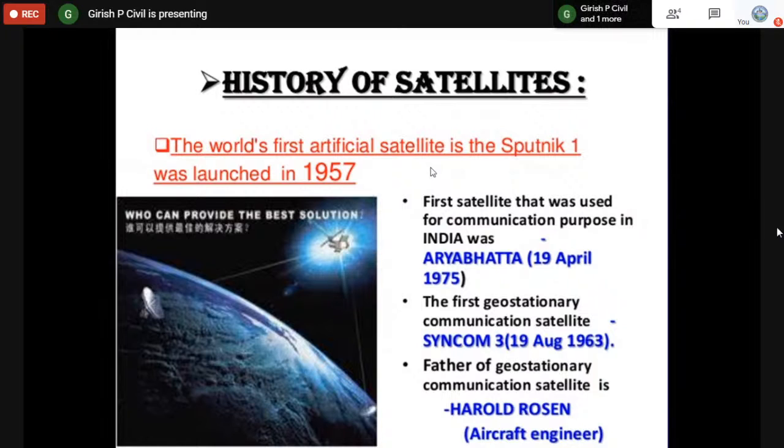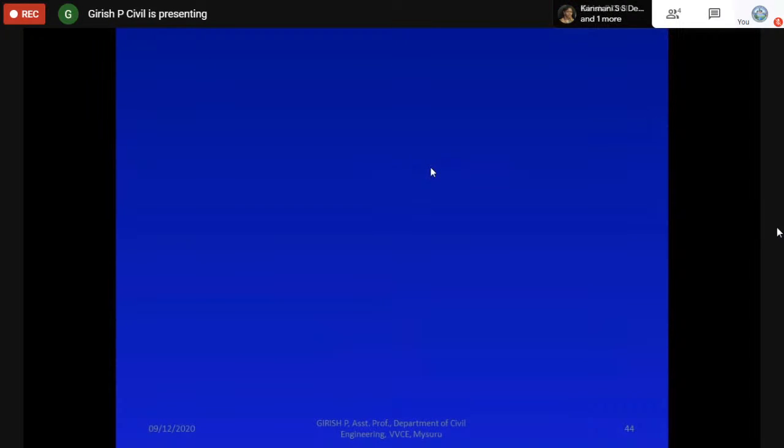Focusing on the Indian space program, from 1975 to 1985, one decade, a number of satellites were launched by India, but all of them, whatever the launch vehicle, were experimental satellites.